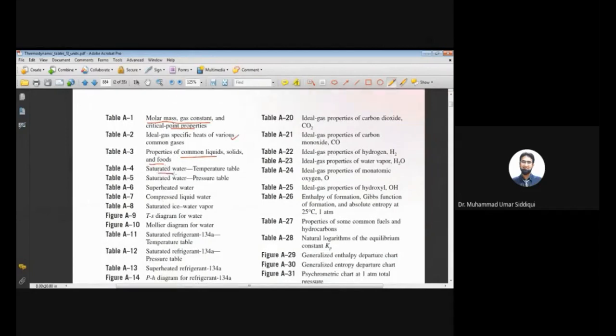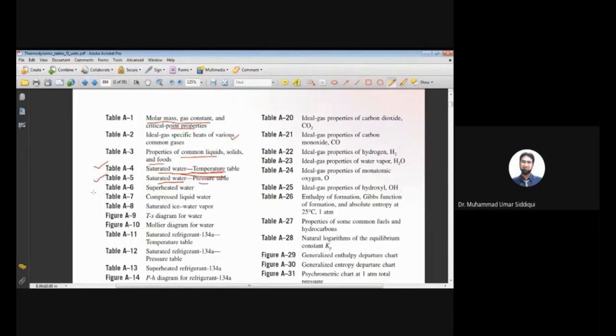The saturated water temperature table, which you saw in the lecture slide, is table A4. Table A5 is again saturated water, but this is not a temperature table, this is a pressure table, meaning the first column will be the pressure instead of temperature. All the properties will again be for saturated water, but corresponding to whatever pressure we are discussing.